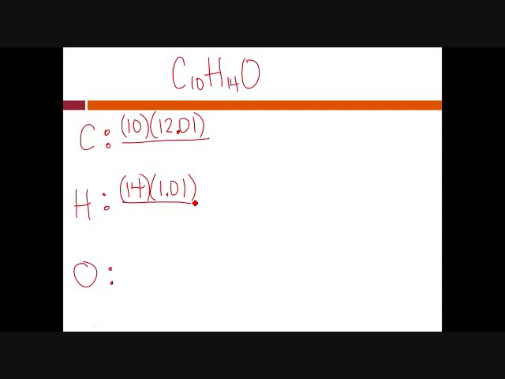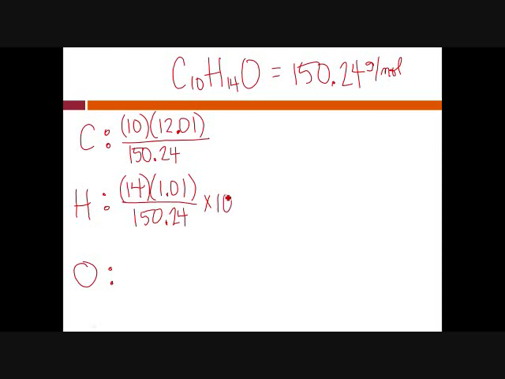Yeah? 150.24. Okay, so if you need to make note of this in your notes, the total molar mass for the compound is 150.24. That 150.24 will go in the denominator every time you divide. And then for each one we need to multiply by 100 to solve.